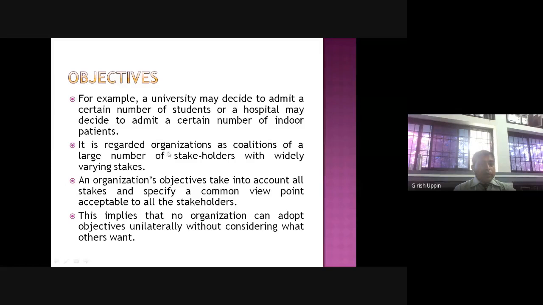It regards organizations as coalitions of a large number of stakeholders with widely varying stakes. So we know that whenever we have an organization, there are a lot of stakeholders. And I told you who the stakeholder is: the one who has a direct or indirect interest in that particular organization. So for example, who are the stakeholders of our college?